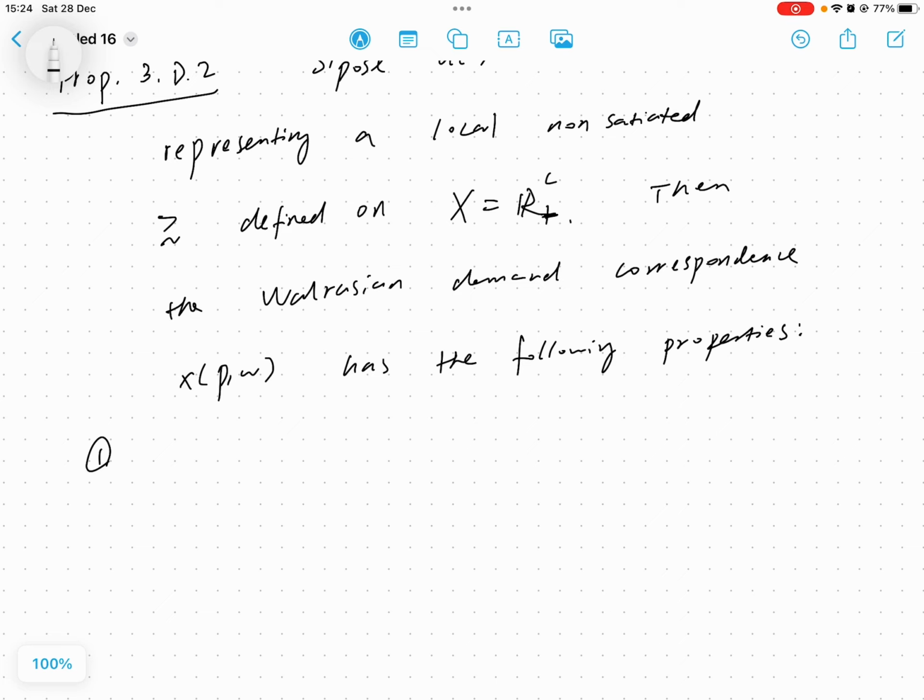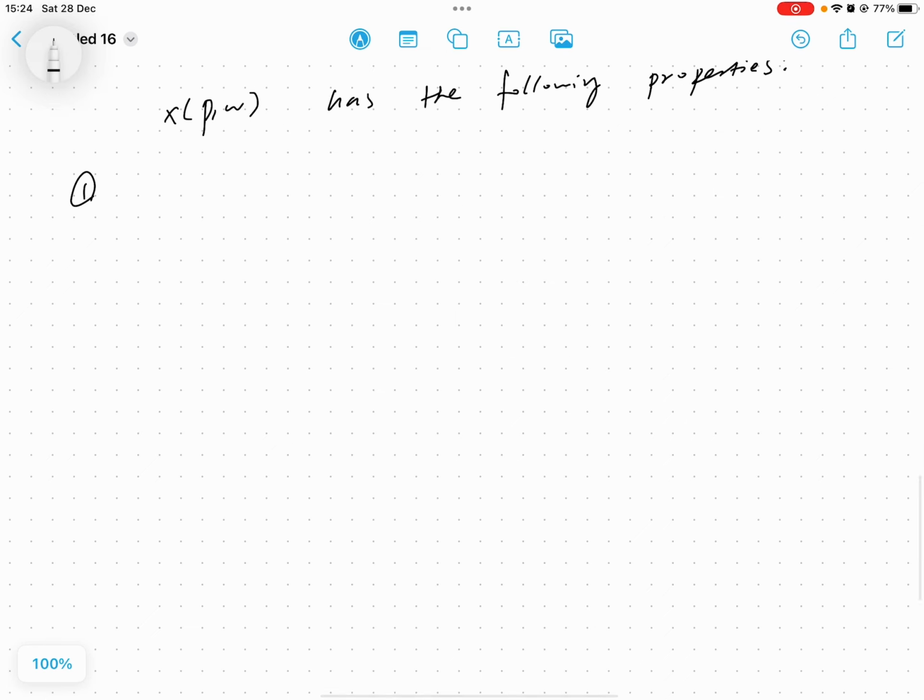The first is called homogeneity of degree 0 in price and wealth.